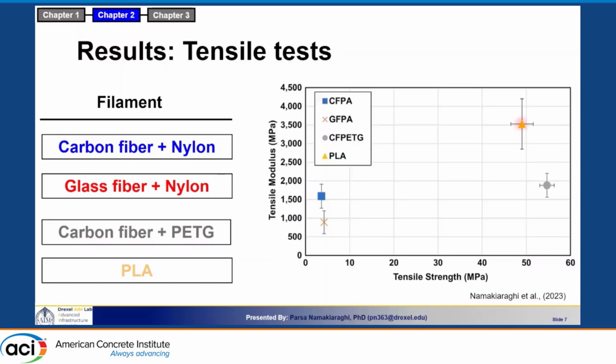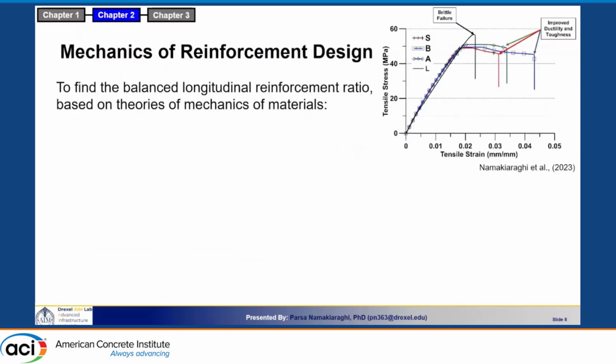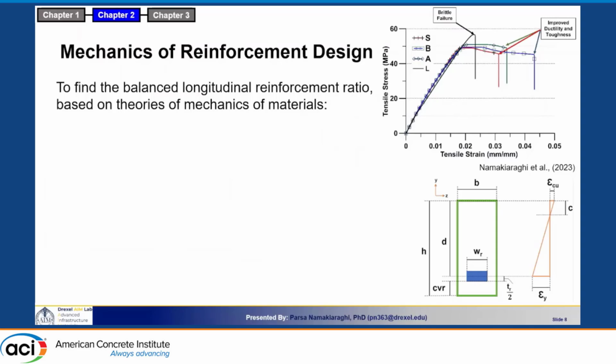And surprisingly, the filaments that were not reinforced with fibers showed a better overall tensile behavior. And the reason for that was because of the defects that we were getting through the manufacturing process, 3D printing of the filaments. So we chose PLA for that purpose.